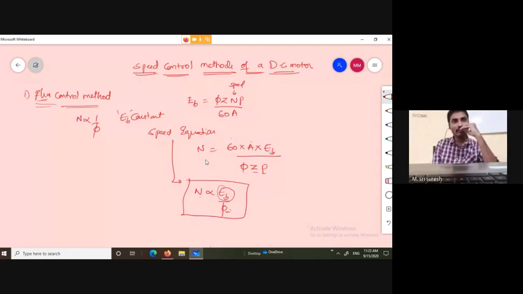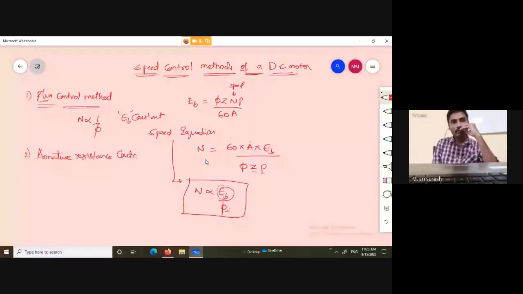The second method is the armature resistance control method. By varying the armature resistance, that means we are adding an external resistance to the armature. If you add external resistance, the resistance is increased. If resistance is increased, what happens to IA?